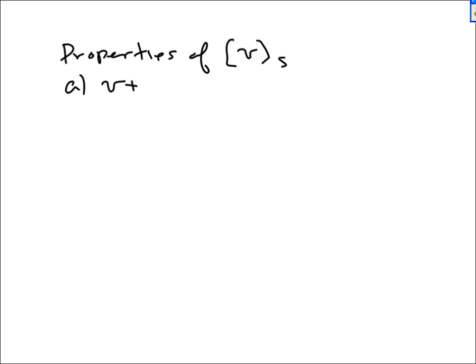I'll state three properties of v in bracket sub S. The first one is, if you add two vectors and you find their coordinates with respect to basis S, you can find the coordinates of the first vector with basis S, and then add to it the coordinates of vector w with respect to S, and you will get the same result.